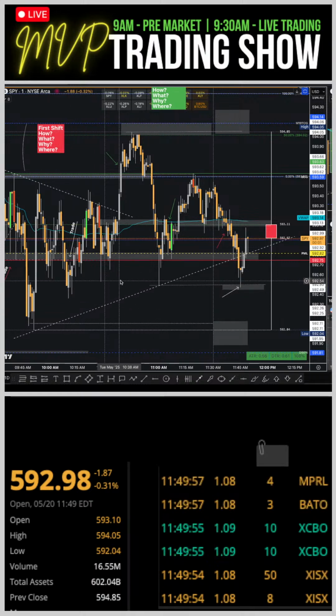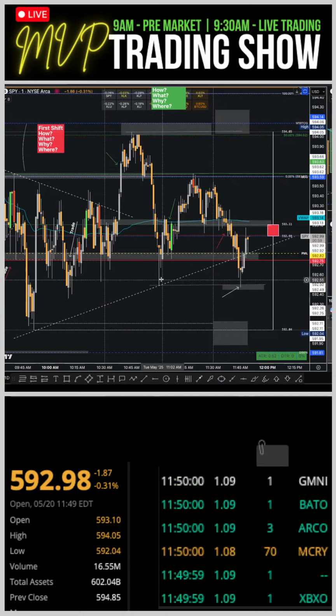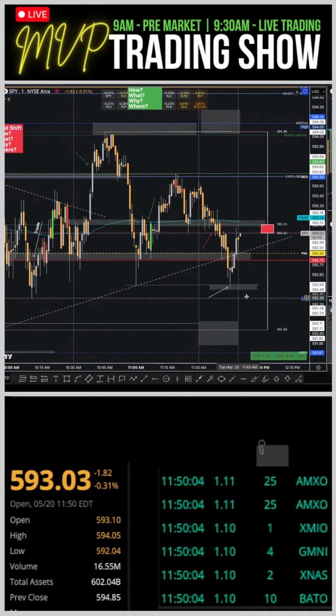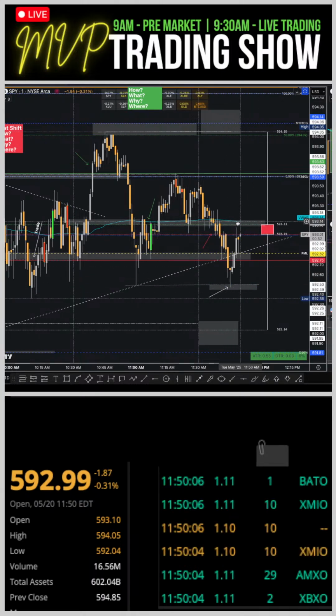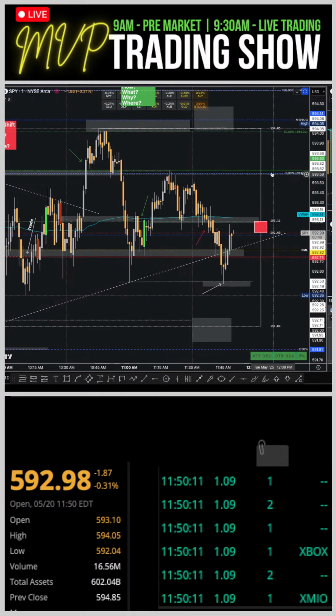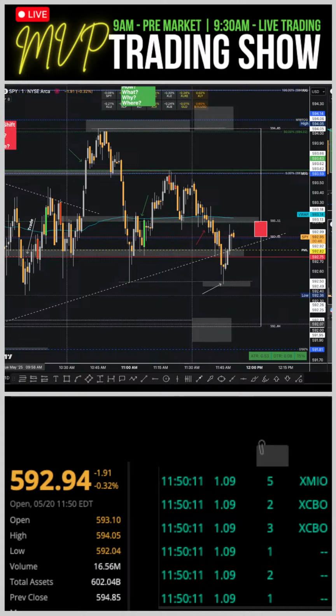So you can see anytime price comes into this territory, look at the wicks. The question now is, did we grab enough liquidity? Do we have enough fuel to get back above that daily open and possibly push back to the upside?